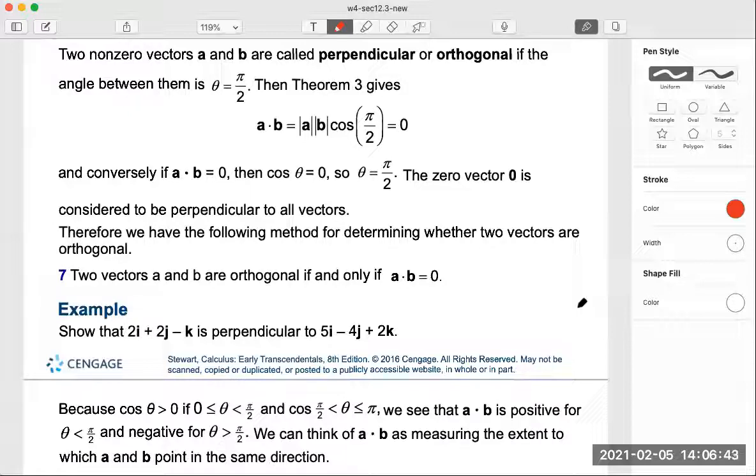Cosine of pi over 2 will be 0. Therefore, we call it perpendicular or orthogonal when the dot product between them is 0. Yes, this is a very important property.